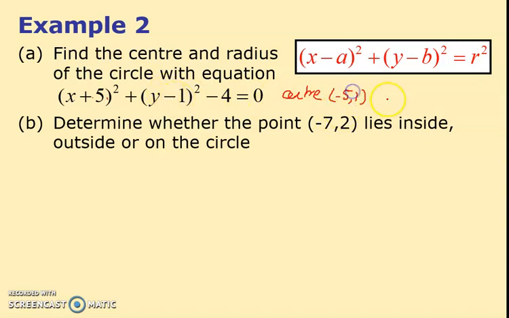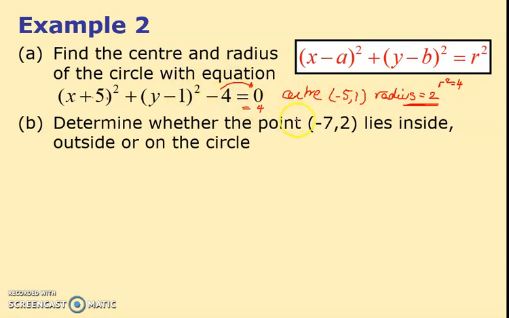There you go. It's relatively easy, isn't it? And then the radius. What's the radius? Well, remember it's equal to r squared. This doesn't say equals. It has minus 4 on the side. Well, just move that over the other side, then you can see it would equal 4. So therefore, r squared is 4, or put a different way, radius is 2.